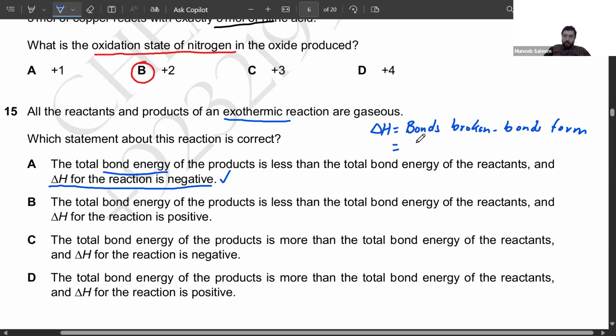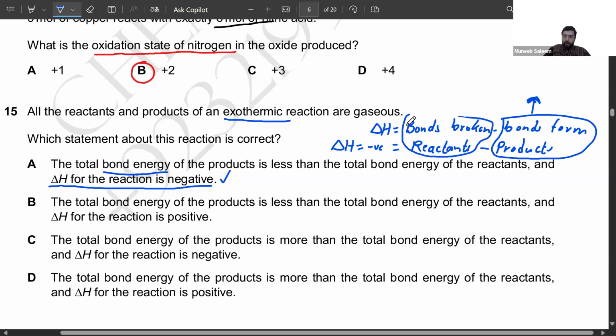And bonds are broken in reactants and bonds are formed in products. For an exothermic reaction, if delta H is negative, then the product side, or bonds formed, should be higher in value, and bonds broken in reactants should be lower. Only then will you have the minus sign.